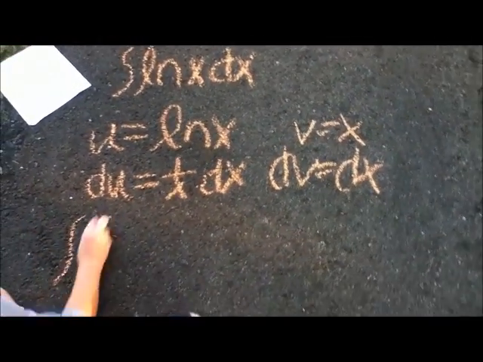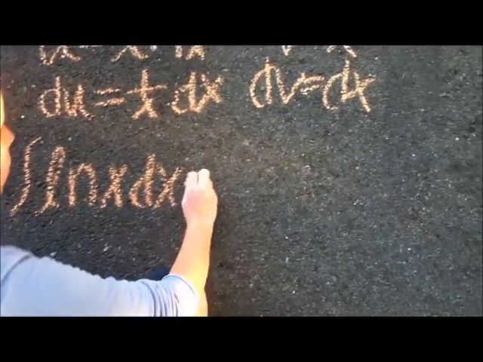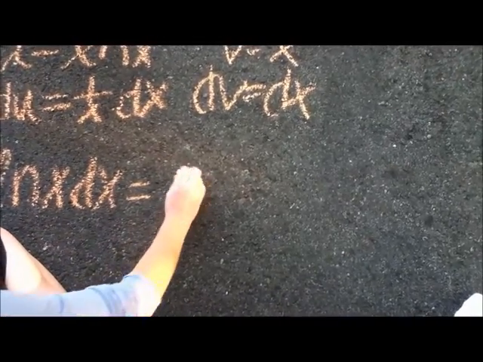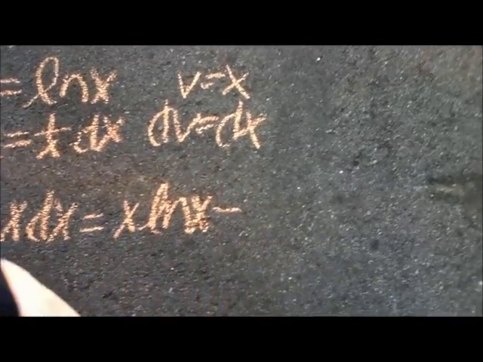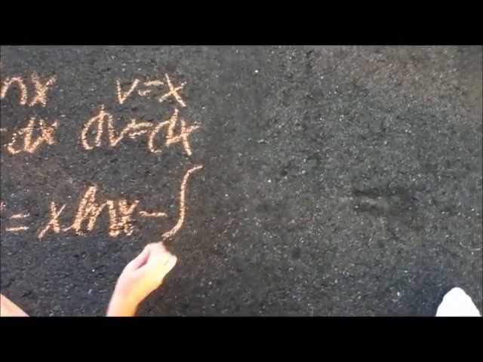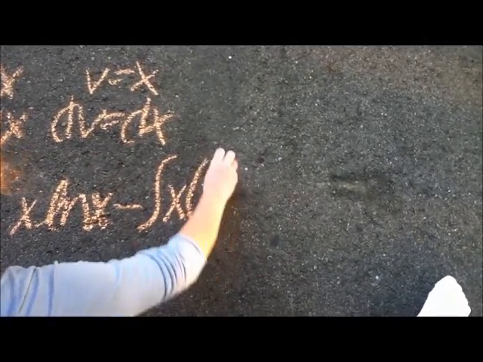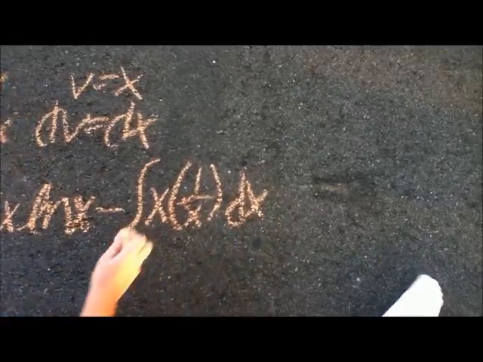Now, the integral of ln x dx equals u times v, so x times ln of x, minus the integral of v du, so x times 1 over x dx.